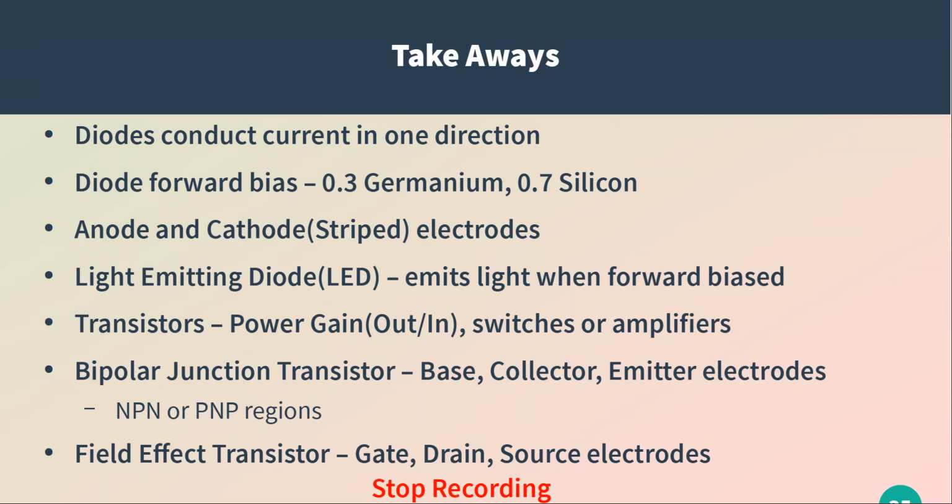In the case of a light emitting diode, normally they have much higher forward bias voltages, can be 2 or 3 volts. Transistors have power gain, and can be used as a switch or an amplifier. The bipolar junction transistor has a base, collector, and emitter, and NPN and PNP regions, and the field effect transistor has a gate, drain, and source.